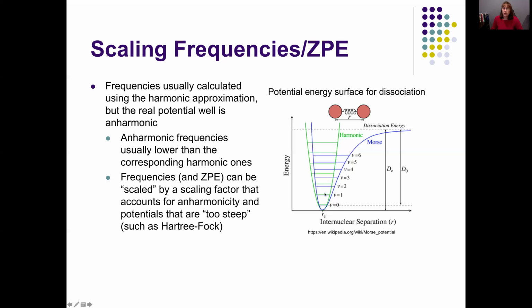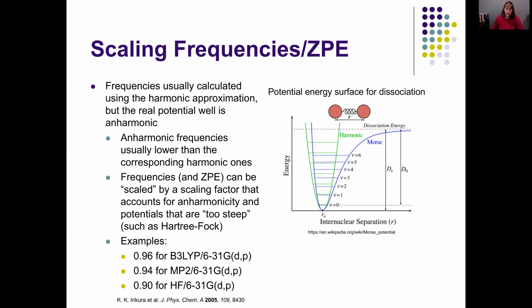So one thing that you can do is to scale the frequencies and the corresponding zero-point energy by a scaling factor. And this scaling factor will account for the anharmonicity in the well. It also accounts for insufficiencies in our level of theory. So for example, with Hartree-Fock, even the harmonic potentials are usually already too steep. And so it'll also account for the fact that the level of theory has some errors in it as well.